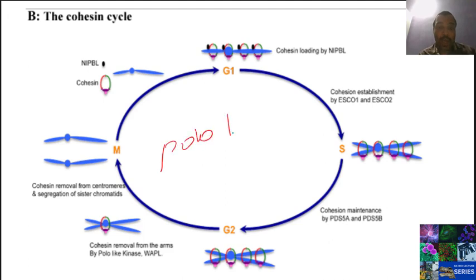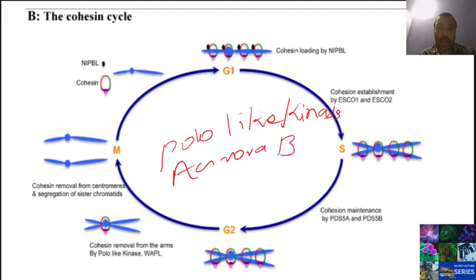Polo-like kinases, aurora B kinases and WAPL protein. These three proteins, majorly these three proteins, play a central role in the cohesin dissolution process.